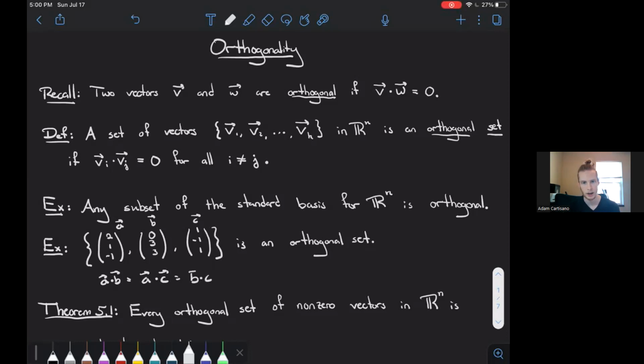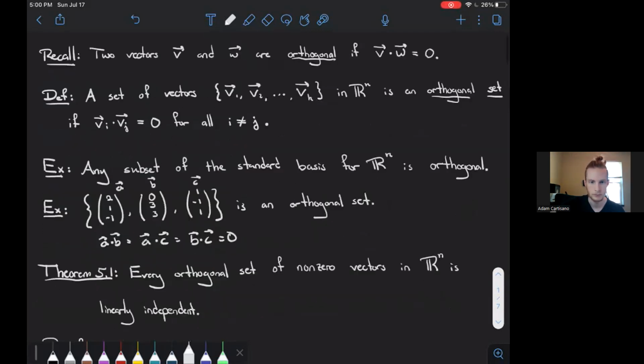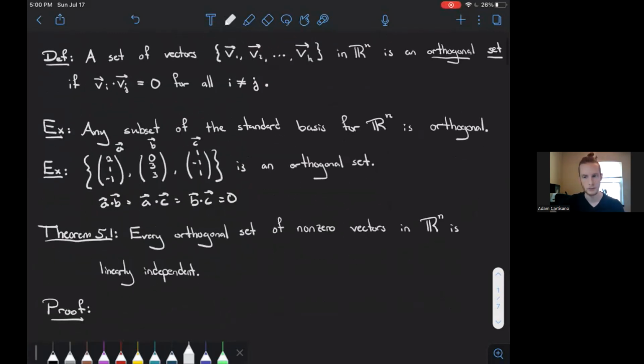You can check this; it's pretty straightforward. Just do a dot product. We'll do the first one: 2 times 0 is 0, 1 times 3 is 3, 1 times -3 is -3, -1 times 3 is -3. And 0 plus 3 minus 3 is 0. And it'll work for all of them.